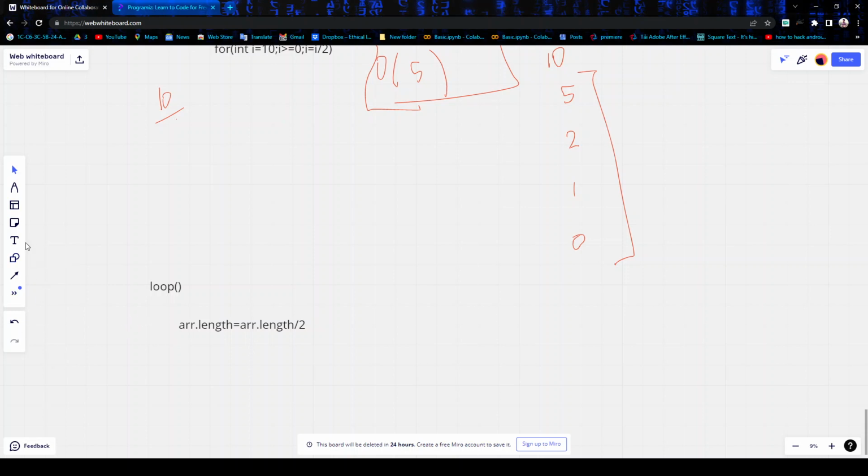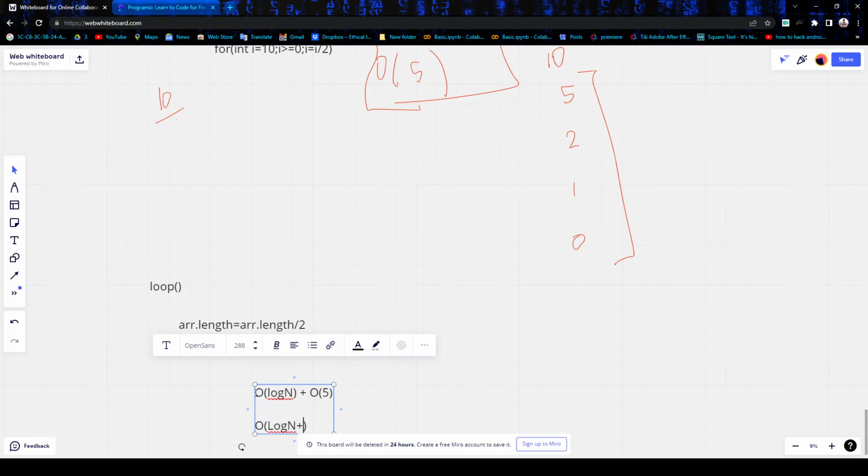And if we are also doing some constant operations, say 5 constant steps, the final time complexity can be written as O(log n) plus 5.